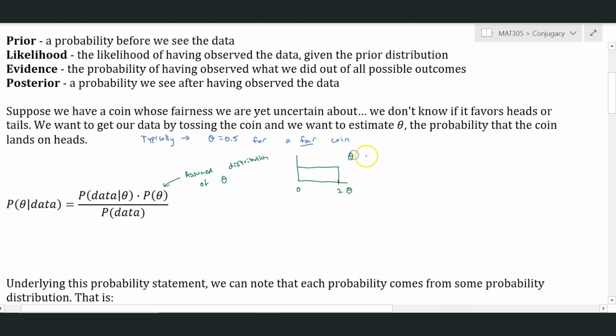So theta is distributed uniformly, okay? So that just means that right now we are allowing the possibility that theta could be anywhere between 0 and 1. We have no predisposition to believe that it is higher or lower.